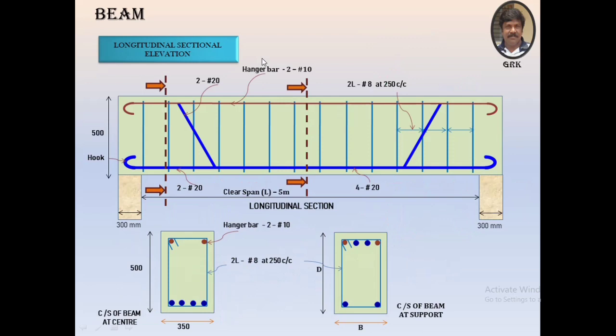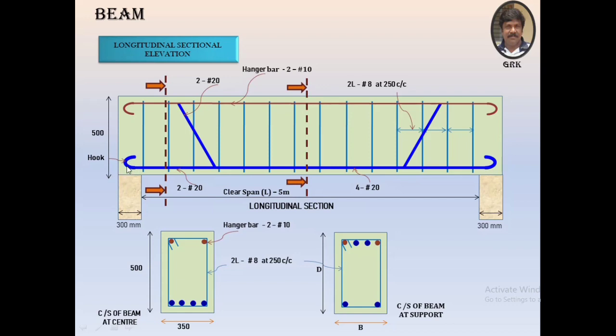Now this is the typical longitudinal section of a beam having a clear span of 5 meters with a bearing of 300 mm at the ends. The depth of the beam is 500 mm.